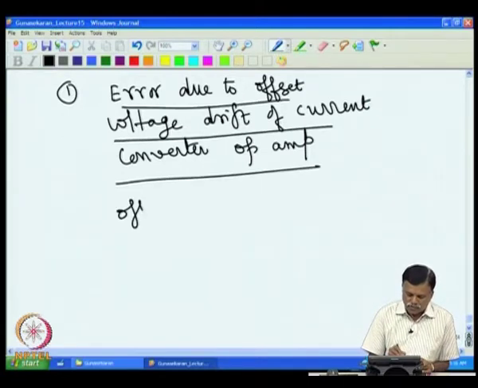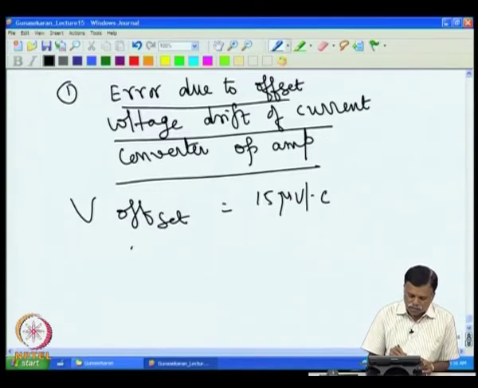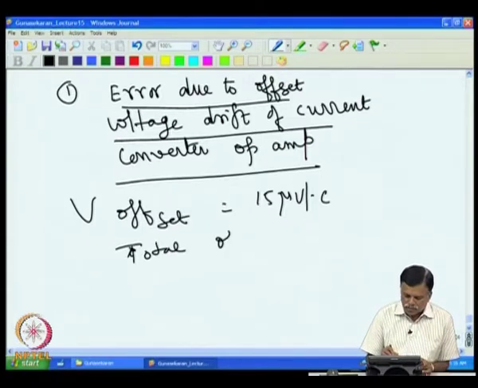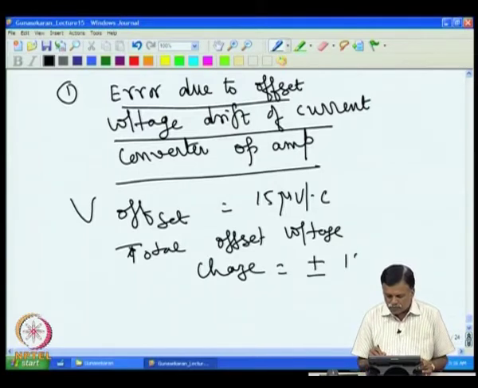Offset voltage drift V offset is equal to 15 microvolt per degree C. So, delta total offset voltage change is equal to plus or minus 1.5 millivolt.